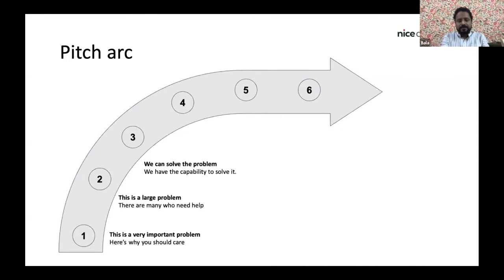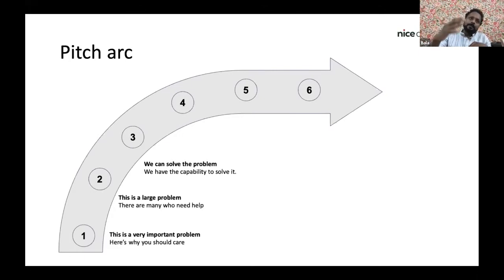They just don't spend enough time with the problem. They just directly go and say, hey, here's my product, and I want you to buy it. Now, this is a huge mistake, and it comes from your personal ego perspective. It does not come from your customer's point of view. The reason is you are excited about your product and your solution, so you want to talk about that first, right?